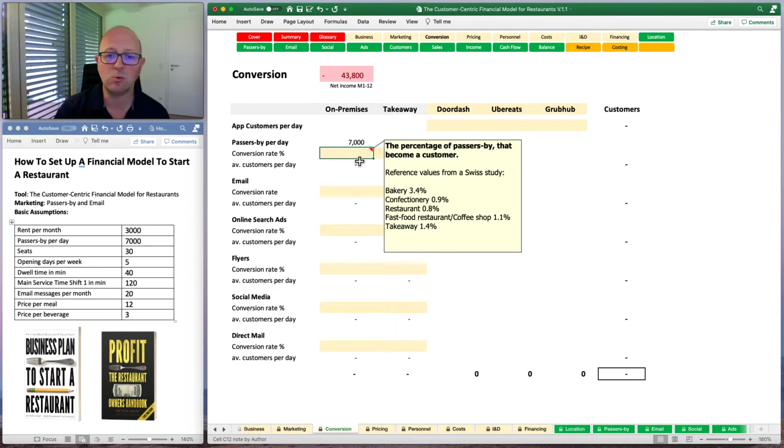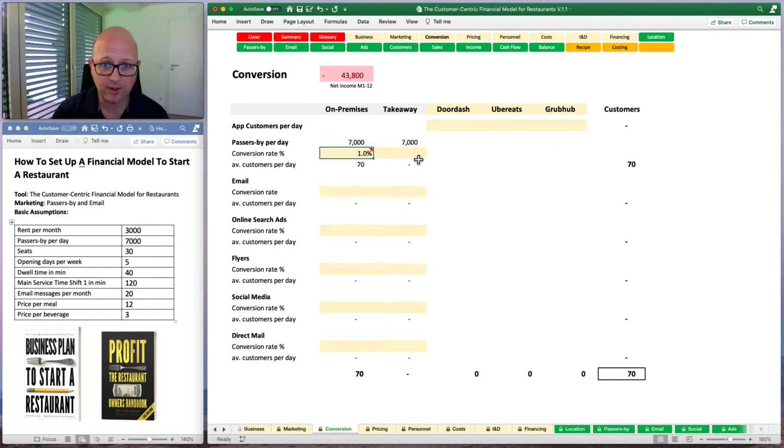So let's assume we do have a conversion rate of 1%. The other we just leave blank at the moment. And we also decided to do email marketing, and there we also can put in a conversion rate.